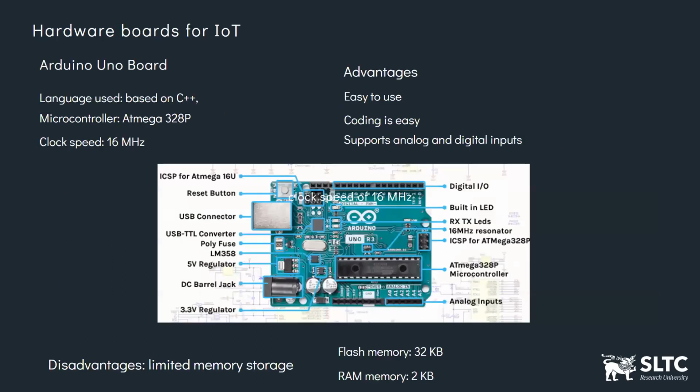When we take into consideration the Arduino Uno board, the language used is based on C++. This microcontroller is based on the ATmega328P, and it has a clock speed of 16 megahertz.